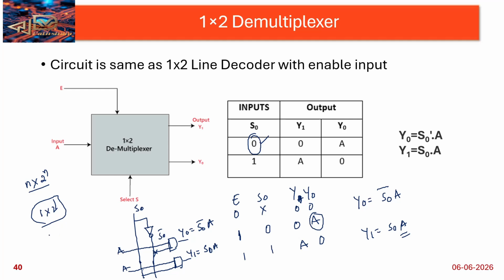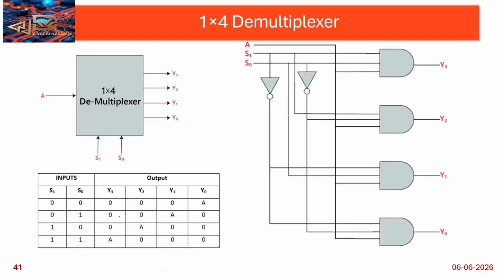Similarly, 2 by 2 power 2, that means a 2 by 4 decoder, also works as a demultiplexer. So a decoder also acts as a demultiplexer, or a demultiplexer also acts as a decoder.